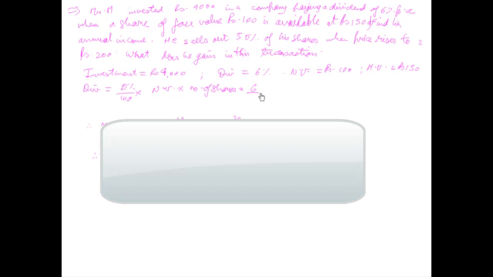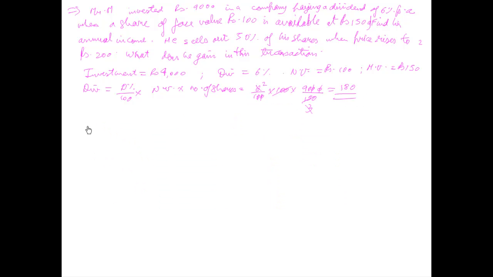That will be 6 upon 100 into nominal value into number of shares, which would be 9,000 upon 150, because market value is 150. 9,000 is the investment. This cancels with this, goes in 3, 2 times, goes in 3, 5 times, goes in this once. So that's rupees 360.